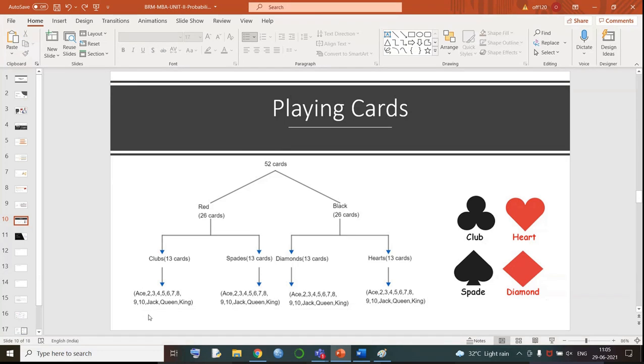Now, let us see what those 13 cards are. On the cards we usually see the numbers starting from 2 to 10. We never see a value like 1 on a card. There are 9 numbered cards: 2, 3, 4, 5, 6, 7, 8, 9, 10, and 4 alphabetical cards denoted as Ace, J for Jack, Q for Queen, K for King.